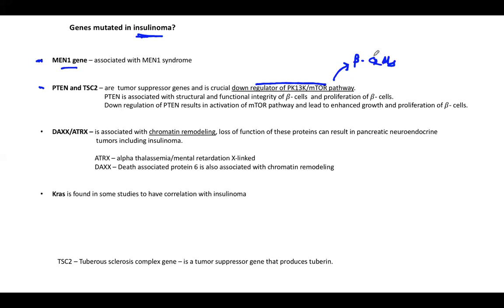So when these two genes are abnormal, because these are two different genes, they maintain integrity of beta cells through PI3K and mTOR pathway. So when these genes are defective, they cannot regulate the proliferation.